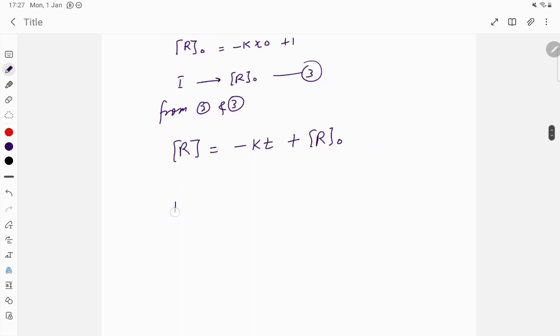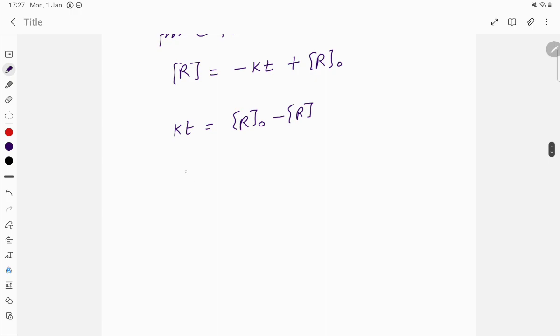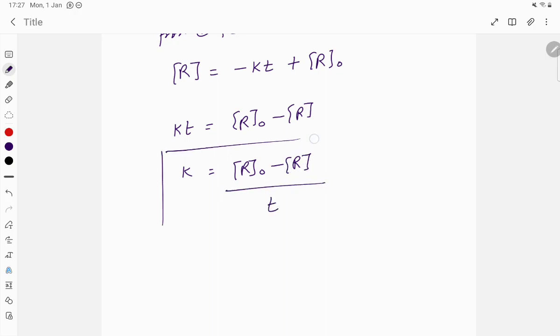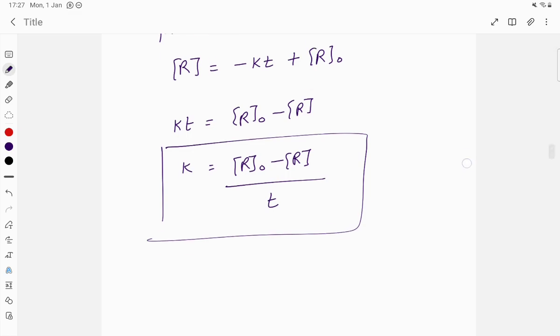Kt comes to this side, so kt is equal to R naught minus R. So k is equal to R naught minus R upon t. This is equation 4, the integrated equation for the zero order reaction.